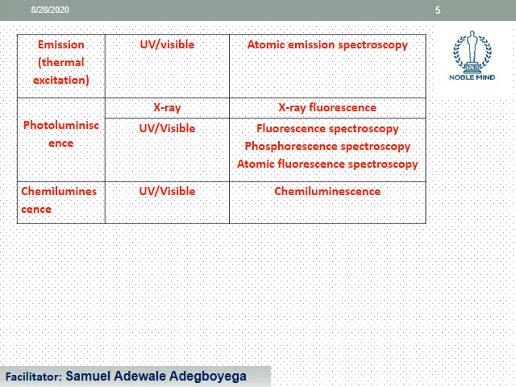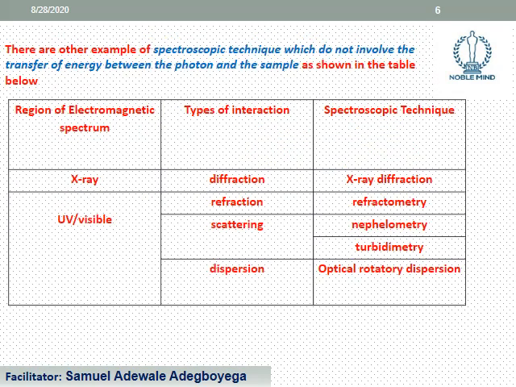If the nature of energy transfer is emission or thermal excitation, and it absorbs in the UV visible region, you have atomic emission spectroscopy. If it is photoluminescence, you have X-ray spectroscopy, and so on. There are other spectroscopic techniques that do not involve energy transfer between photon and the sample you want to analyze.